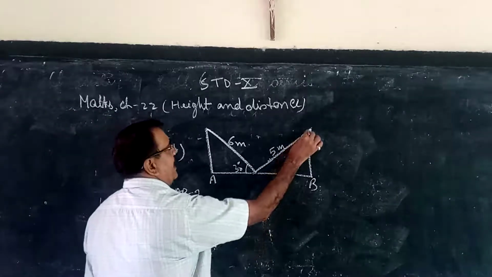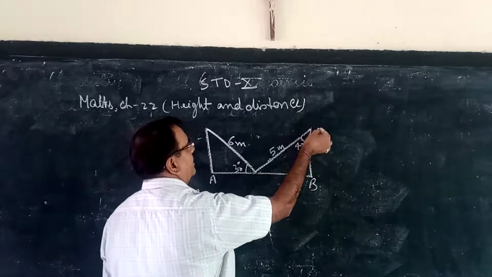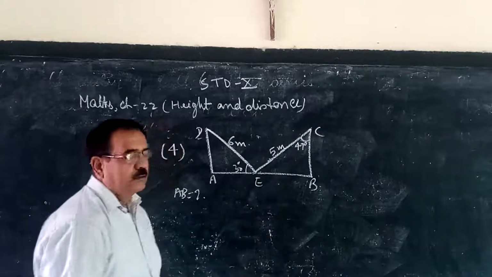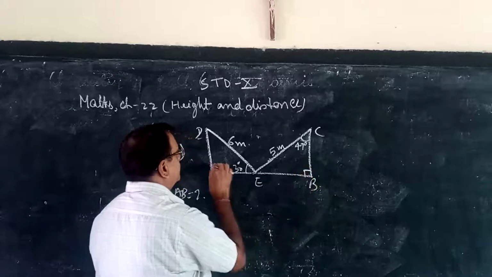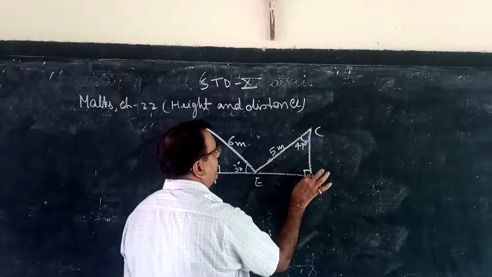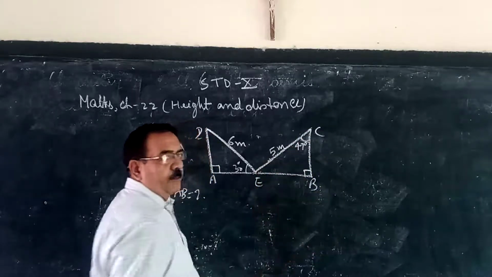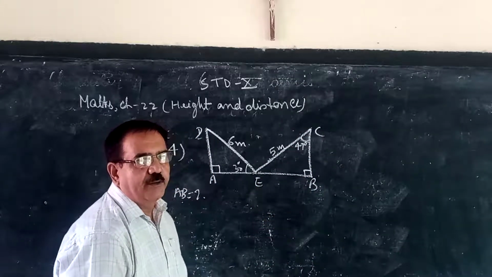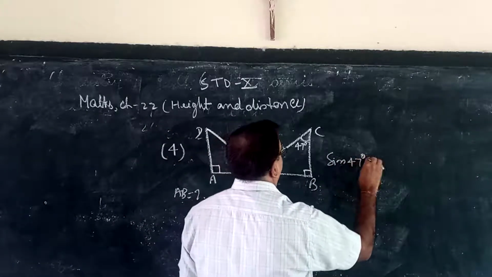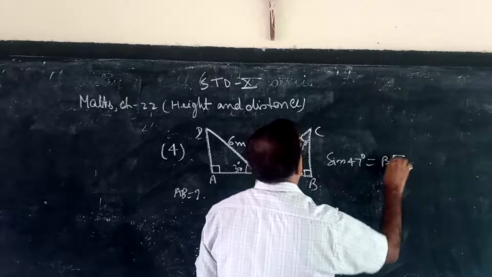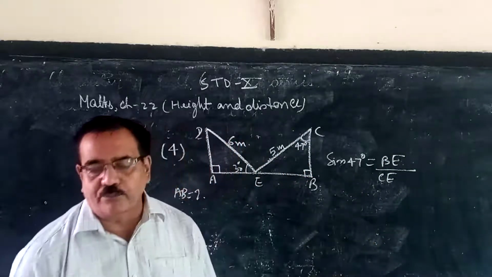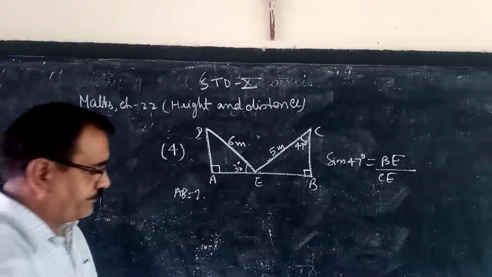First, in this triangle, the name is not given, so here D, here E. In this triangle, this is 90, this is 90. When we take this angle, this is perpendicular and this is hypotenuse. Perpendicular and hypotenuse come in which trigonometric ratio? Sine. So sine 47 degree is equal to BE by CE. Now see the value of sine 47 from the table.